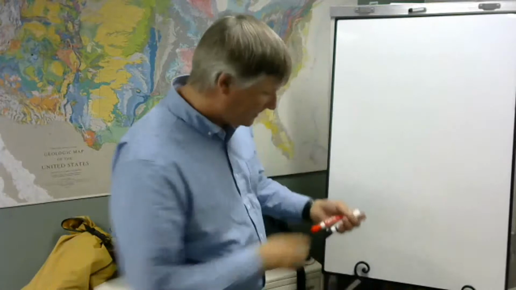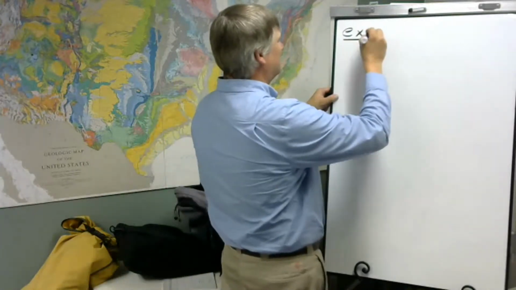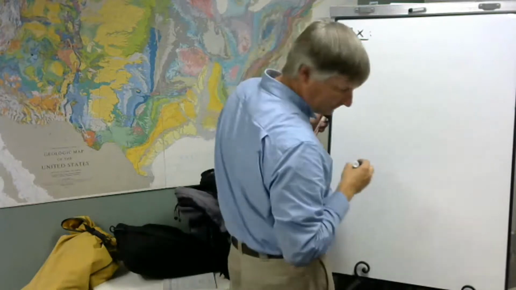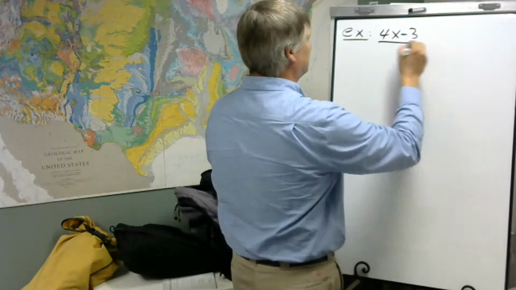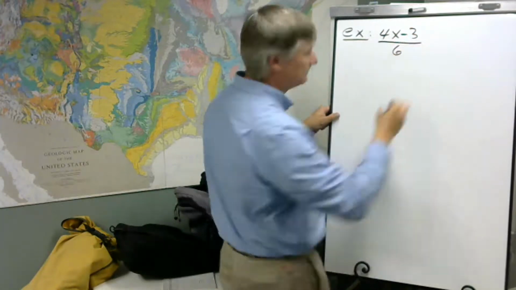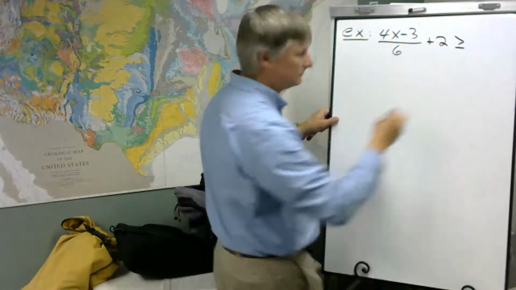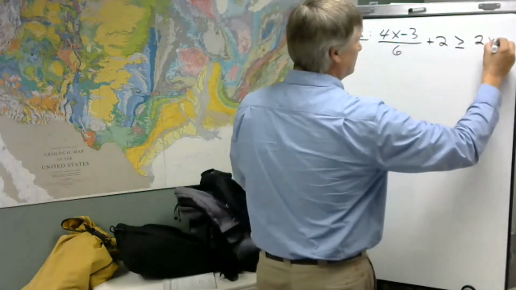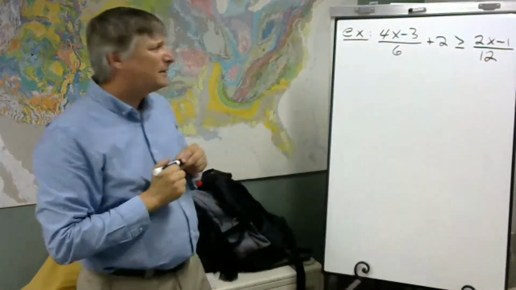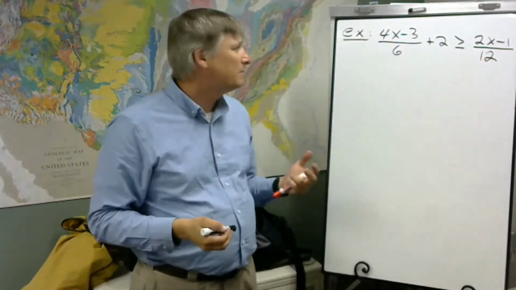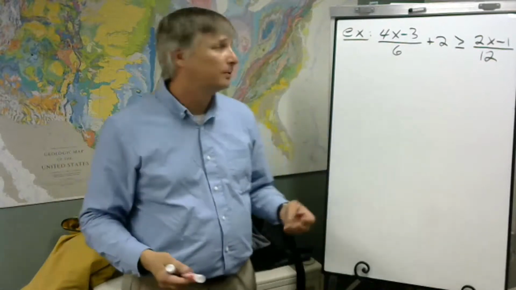Now, let's say we have something a little more complicated. Now, again, the trick with something like this, we can multiply through by either a lowest common denominator or a common multiple.